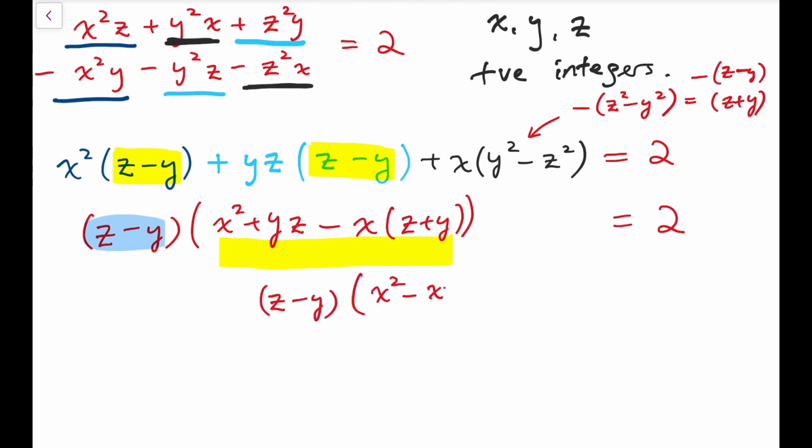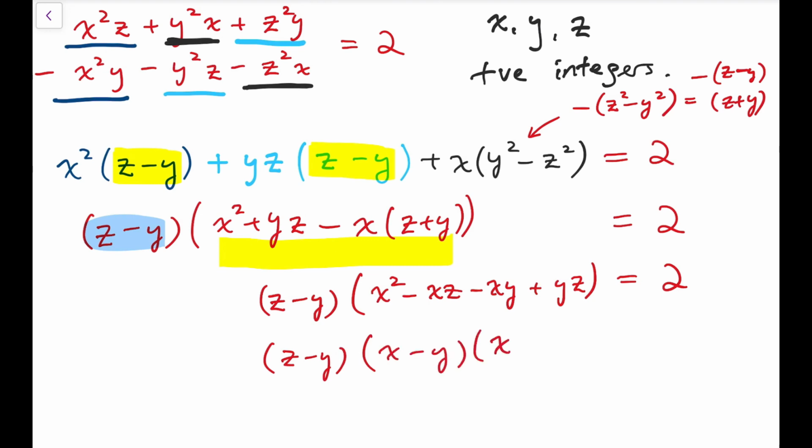So z minus y multiplied by x squared minus xz minus xy plus yz, and you immediately see how it can be factorized after I rearrange the terms. So in fact, it's equal to z minus y times x minus y times x minus z.